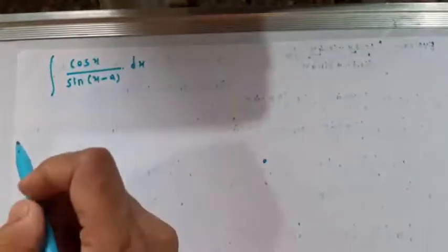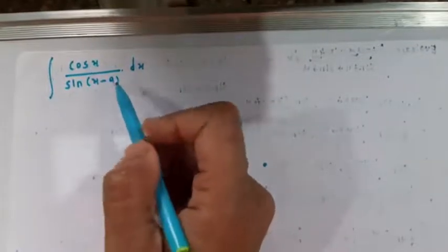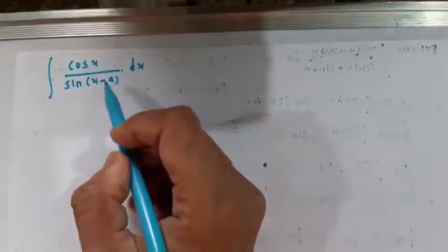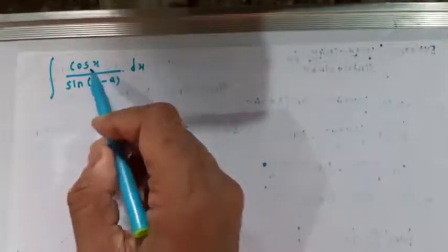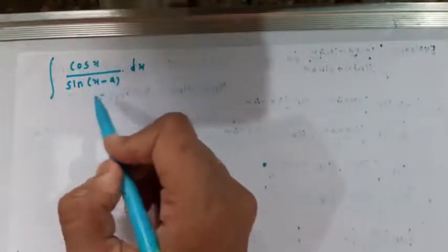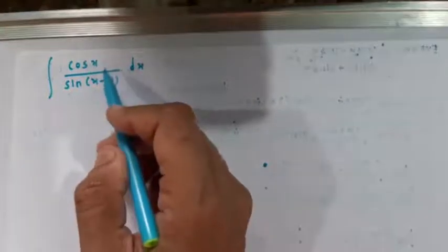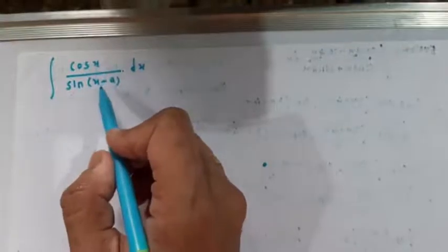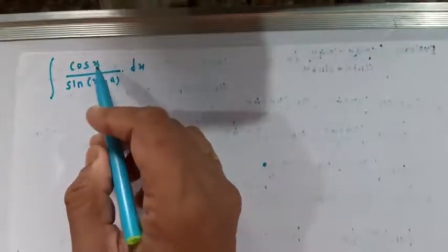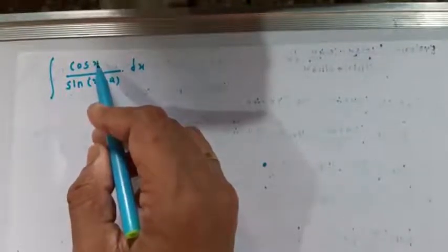Okay students, in this problem at the denominator there is sin of (x minus a) and at the numerator the angle is x. So in such type of problem you have to adjust one thing: whatever the angle is at the denominator, we have to adjust the angle at the numerator.